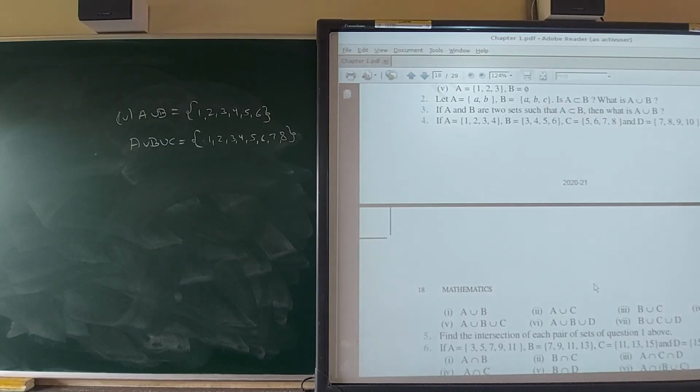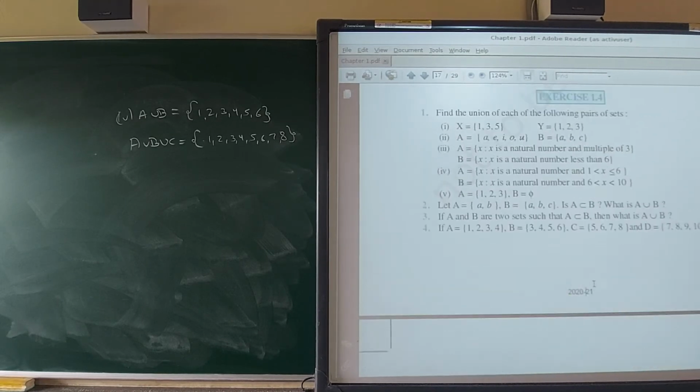Fifth one: find the intersection of each pair of sets from question one. Means you have to find the intersection of all the parts of question number 1.